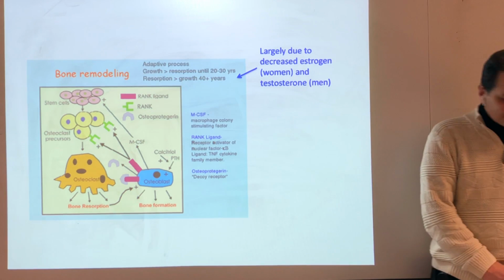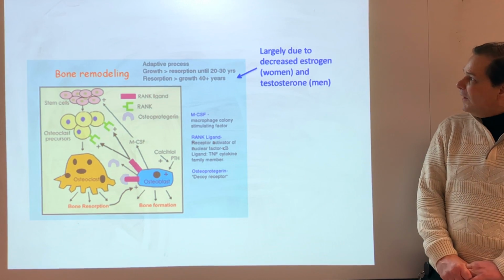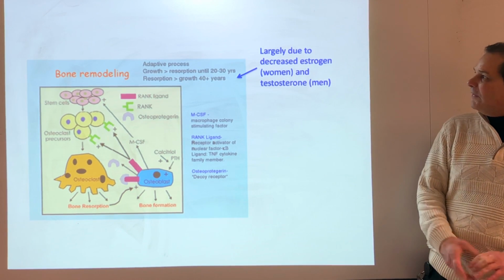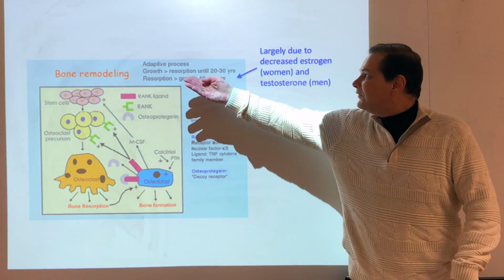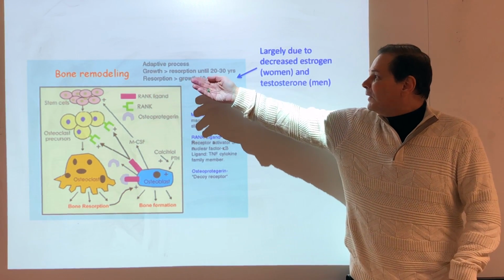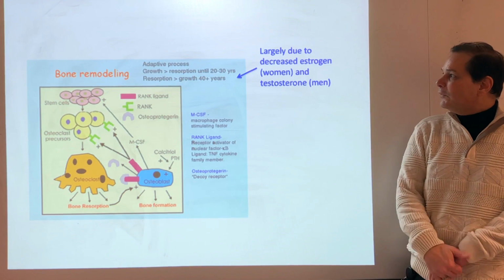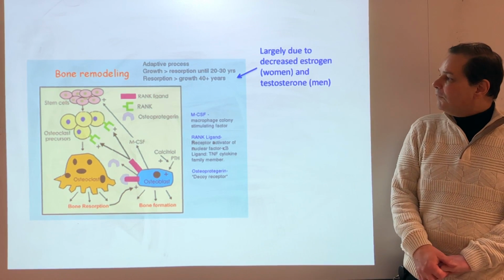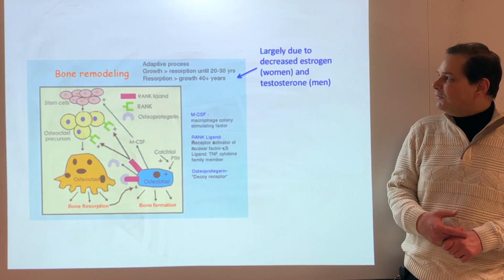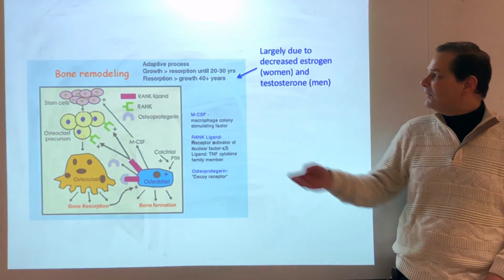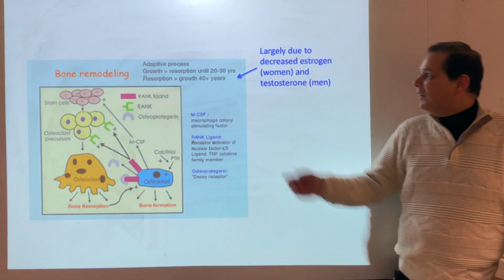In fact, if you look at the way that this works, on balance, until you're 20 to 30 years old, you're going to get more osteoblastic activity than osteoclastic activity, and of course that means you're going to get growth.